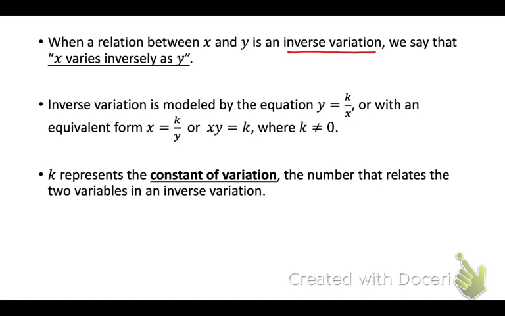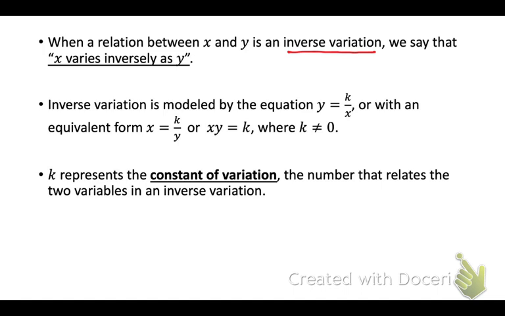I've always said x varies inversely to y, so I'm really curious if it's "to" or "as." Let me see. Yep, they say "as" in this book. I always have said x varies inversely to y, but now you have to learn what an inverse variation is, right?